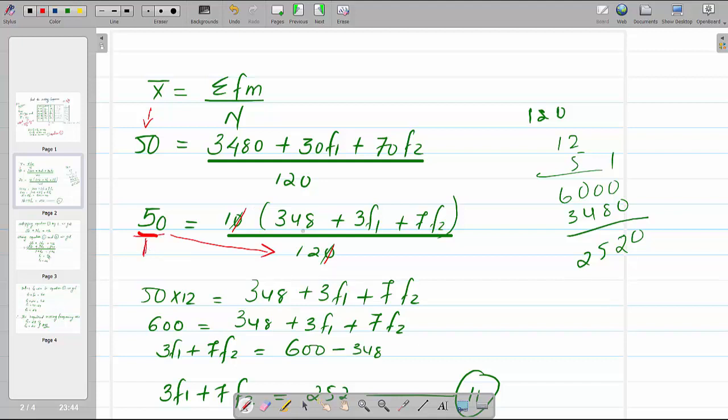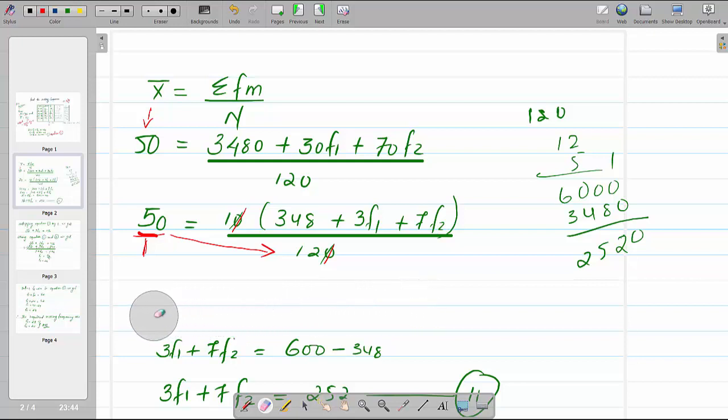To avoid confusion, let me clear this and rewrite it again for you.